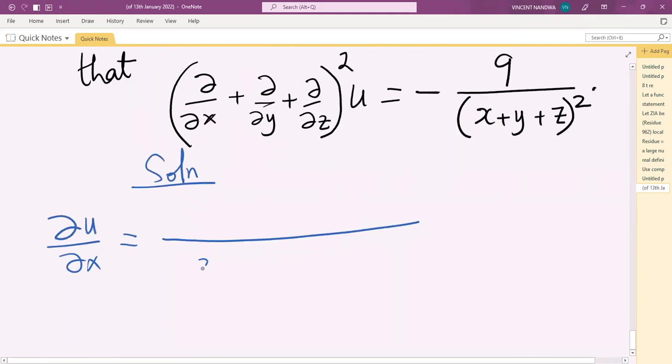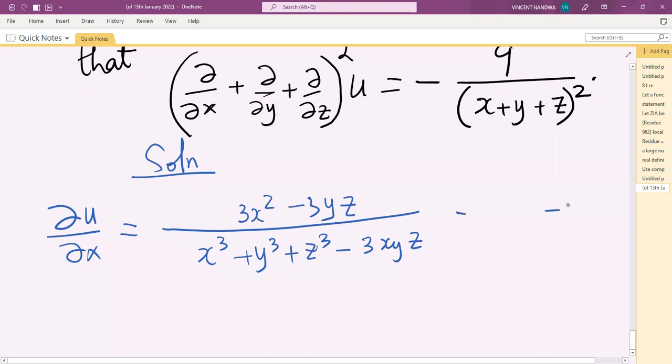So we'll have x cubed plus y cubed plus z cubed minus 3xyz, and then 3x squared minus 3yz is the derivative of that function partially with respect to x. Call this one equation 1.